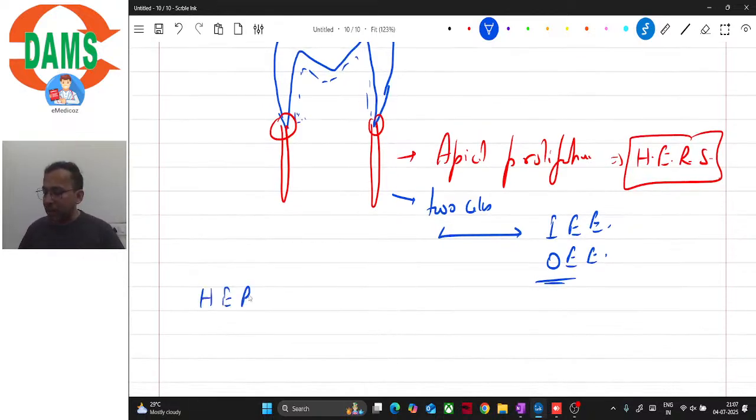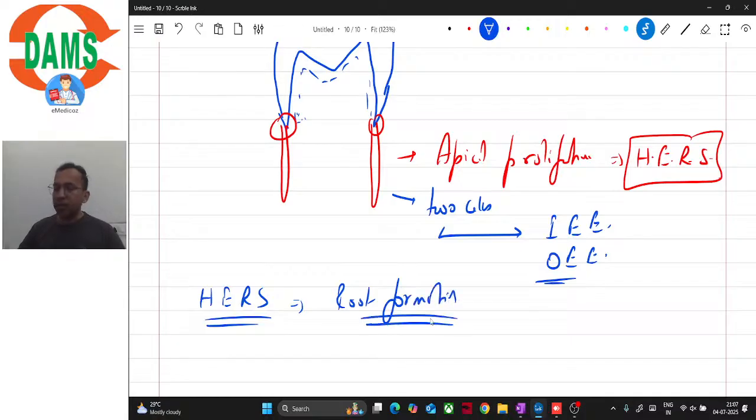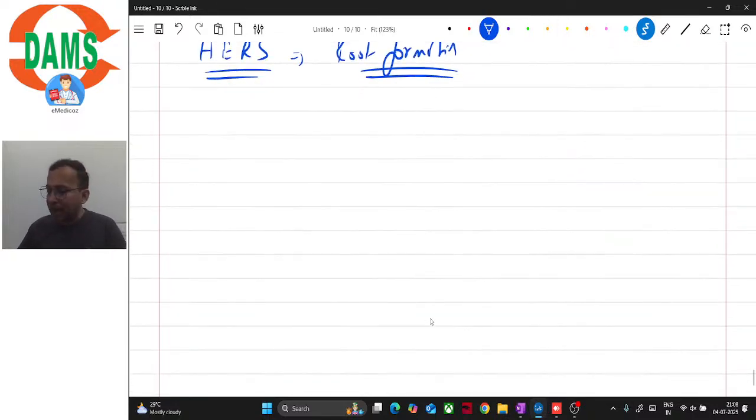Its role is root formation, and we'll go to it in some other class. So for now, just remember that HERS, its role is root formation, and it proliferates from the cervical portion of the enamel organ, and it contains just two types of cells, that is inner enamel epithelial cell and the outer enamel epithelial cell. Right?